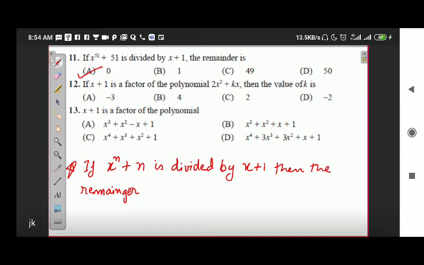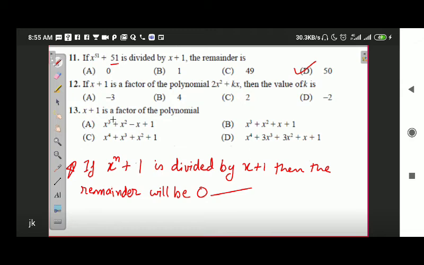Sorry, the statement is like this: if x to the power n plus 1 is divided by x plus 1, then the remainder will be 0. This is 51, so A will not be the correct answer. The correct answer will be the last one, 50. D will be the correct answer. You subtract 1 from 51, that will be 50.